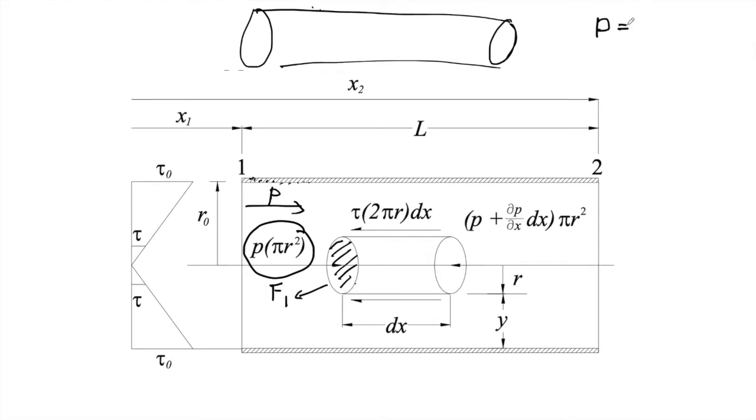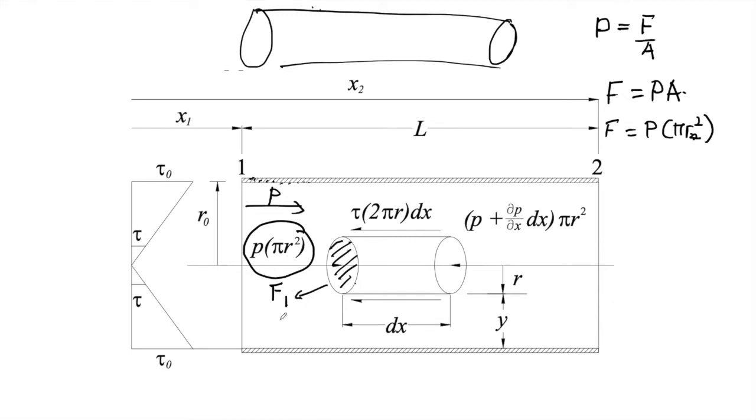Pressure is equal to force over area. If we rearrange this equation, force equals pressure times area. Now we have a circular shape, so F equals P pi r squared.